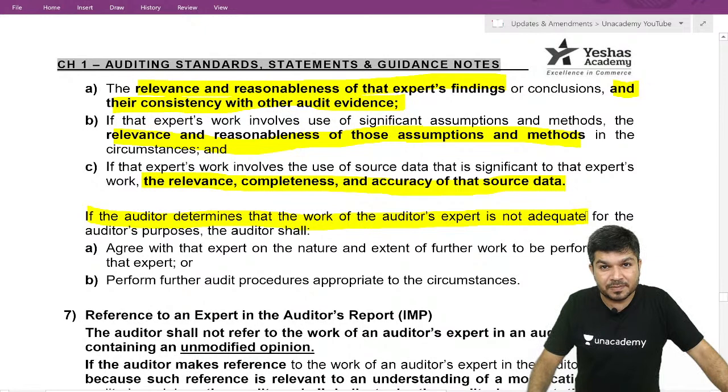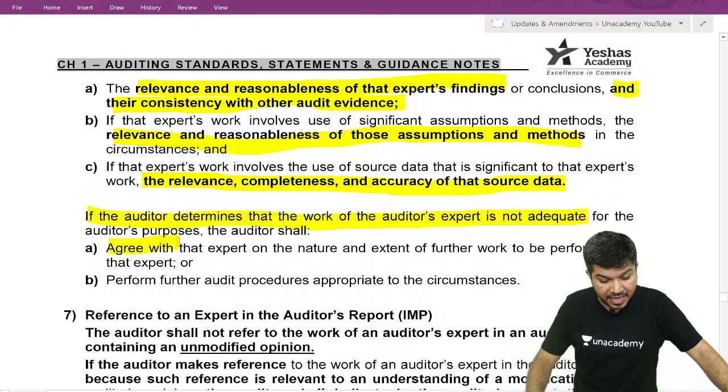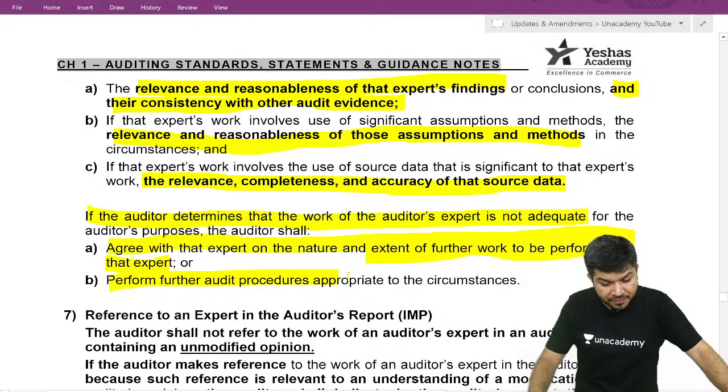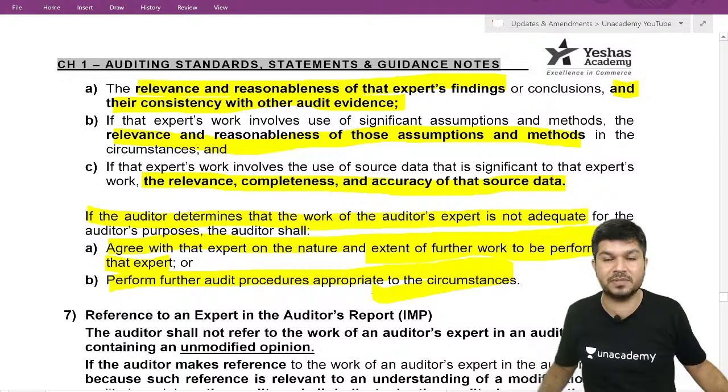Talk with the expert only. What extra things can we do? Agree with that expert on the nature and extent of further work to be performed by that expert. What extra work can that expert do? And second, you can perform any other further audit procedure appropriate in the circumstances.